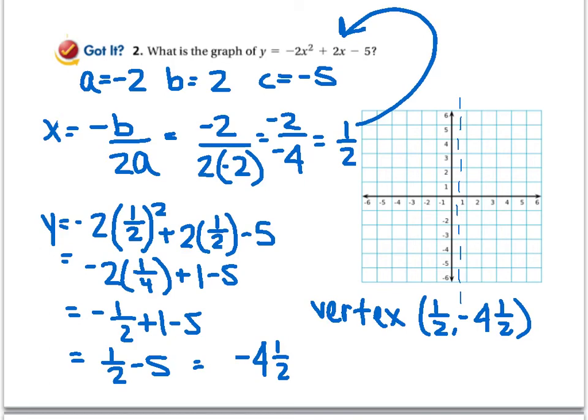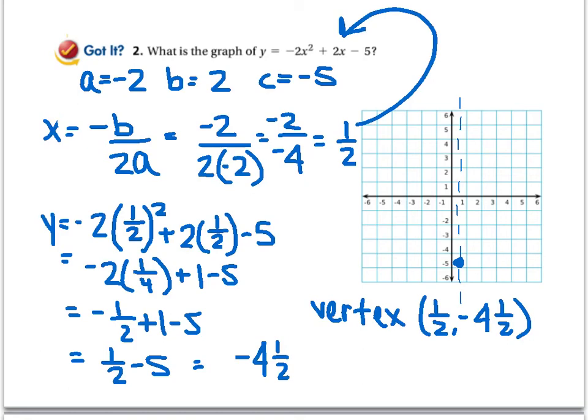So the negative sign would go outside of the parentheses, right? For like negative 1/2. Like, you know how it says negative 1/2 plus 1 minus 5? Yes, yes, I see what you're saying now. 1/2, negative 4.5. Negative 5.